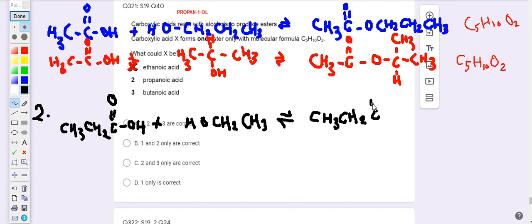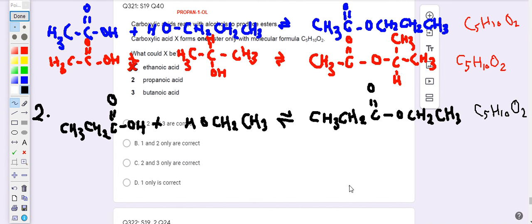Definitely the molecular formula is going to be the same again, C5H10O2. Okay, you can try to count, but trust me, it will be the same. It is again C5H10O2. But since we are using propanoic acid, the only type of alcohol that you can use will be a 2 carbon alcohol.